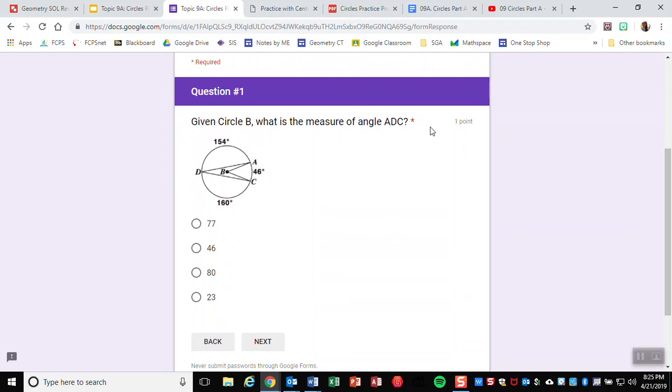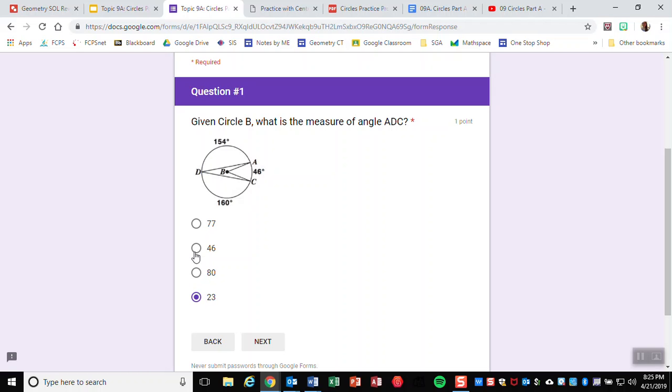So for these questions, you'll try it out, you'll pick an answer. If you get it correct, you will be able to move on to the next one. If you get it wrong, you will get a second chance. So I will go ahead and try this with you. ADC, if we look at angle ADC, well, that is an inscribed angle, so I know that it is half of the arc measure, so half of 46 is 23.